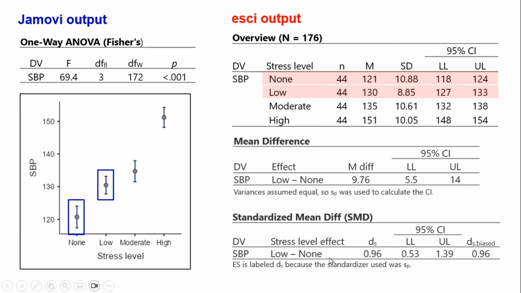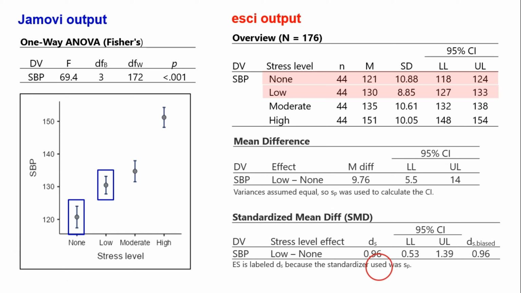But what we're doing now is we're standardizing that difference. So we've taken the mean difference of 9.76 and we're dividing that by a standardizer, which is going to be the pooled standard deviation between the two groups being compared. And when you do that, you get this value of 0.96.